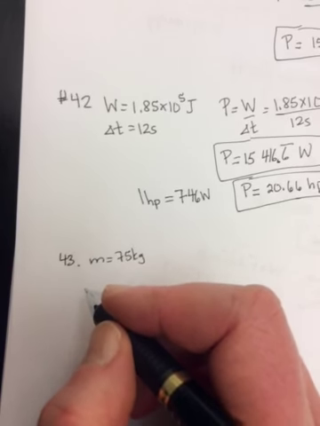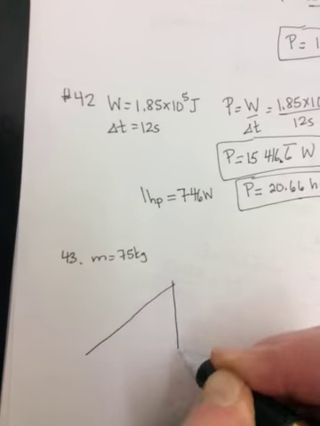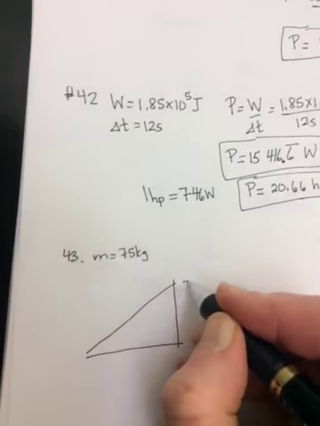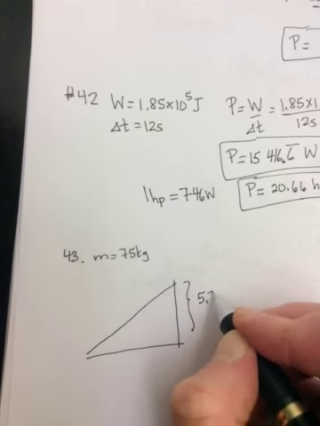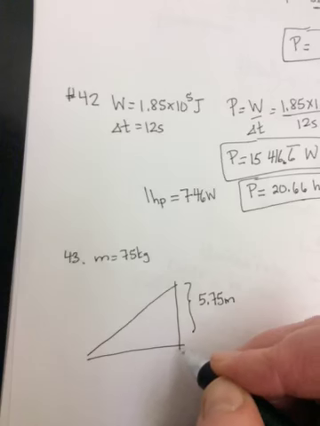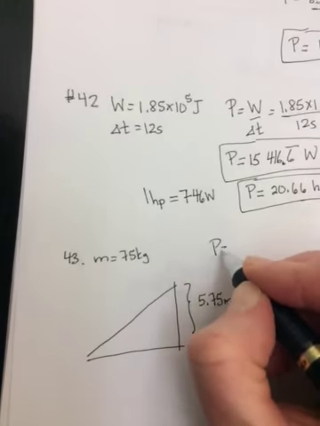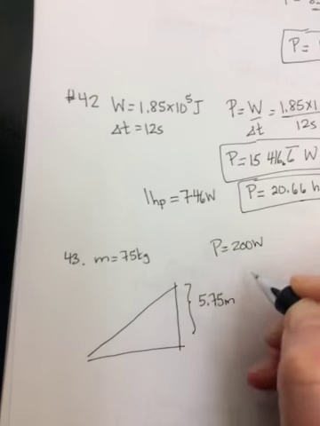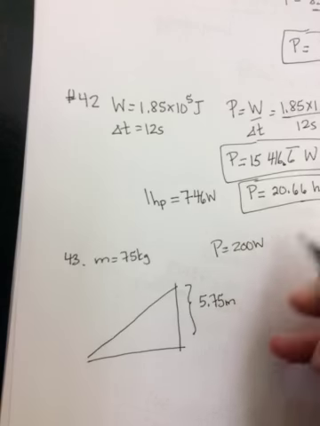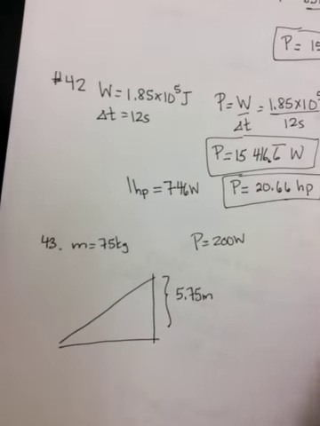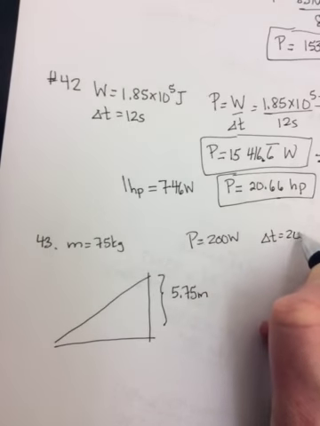The total height of the stairs, okay, so she's going up these stairs, and the height here is 5.75 meters. If the student can generate 200 watts of power and has 20 seconds to reach her class at the top of the stairs, will the student be on time? So the time is 20 seconds.